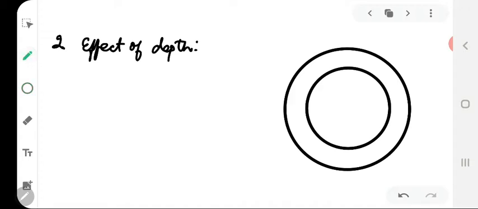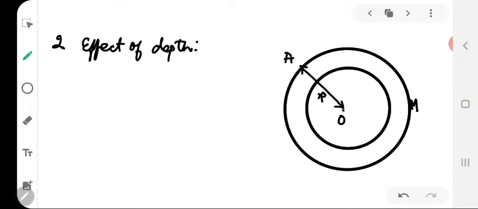Now in this case, we consider again Earth having a mass M. The center of Earth is O. So the radius is marked as r.